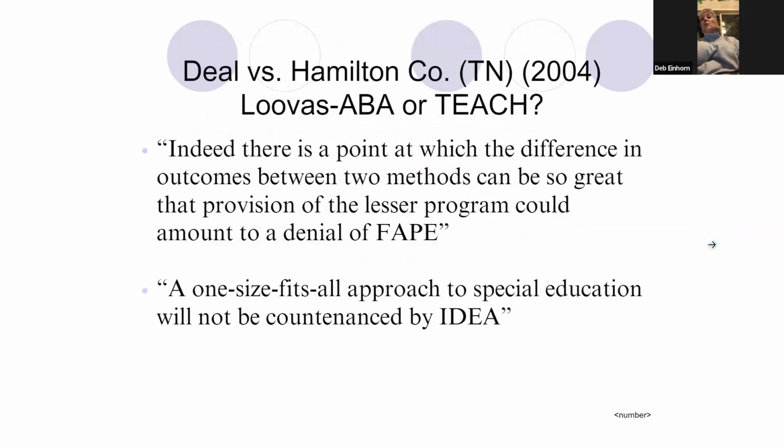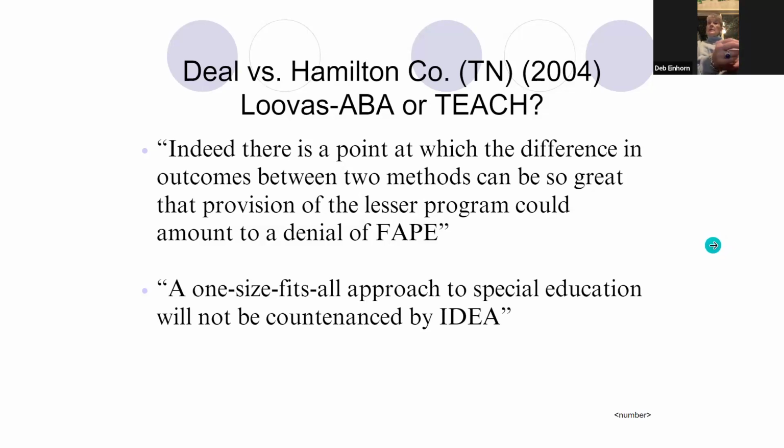There's been some court cases. This is one, Deal versus Hamilton County, where there was a due process hearing over whether the school district needed to provide LOVAS or ABA or the TEACH curriculum. So what the court said was there was a point at which the difference in outcomes between two methods can be so great that the provision of the lesser program could amount to a denial of a free, appropriate public education.